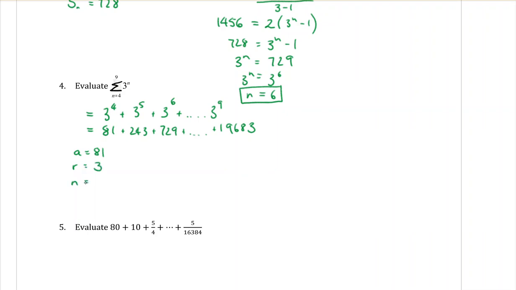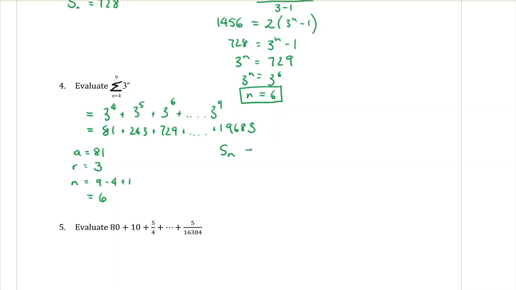N is equal to, how many terms do I have? 6. Oh, good. So you're doing the 9 take away 4 plus 1, which is 6 terms in that series.